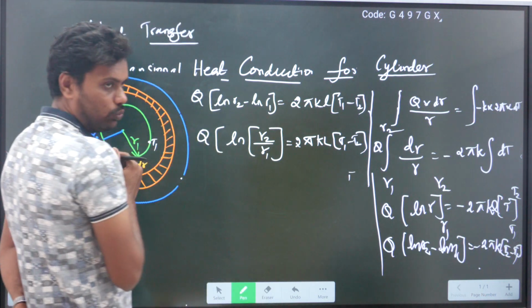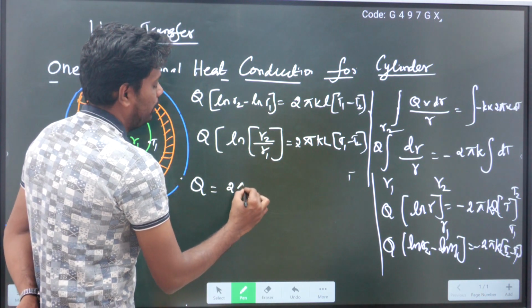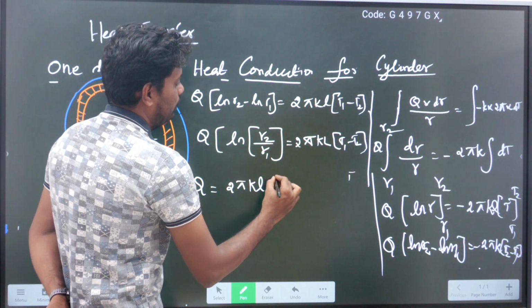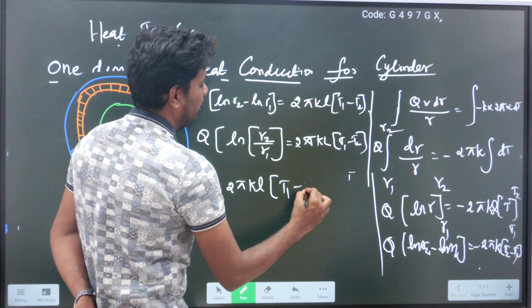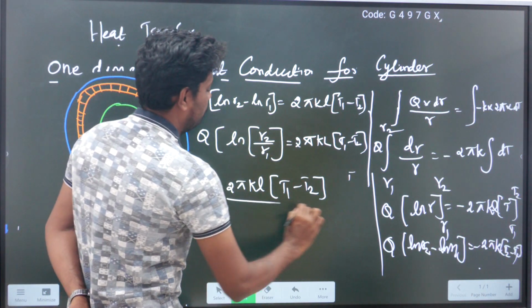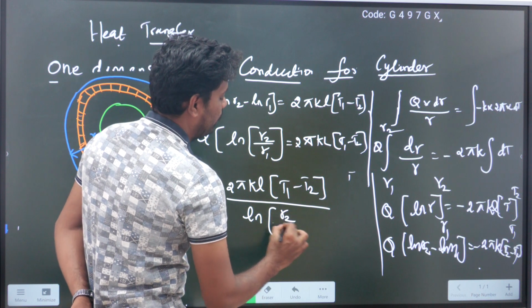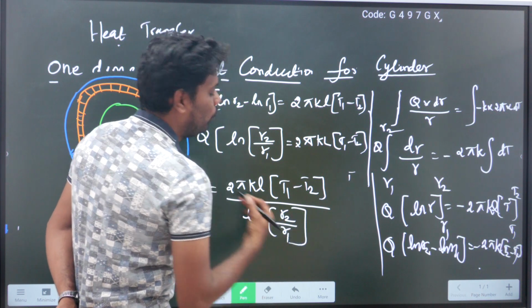I want only Q, so what can I do? Q equals 2 pi K L into T1 minus T2, divided by ln of R2 by R1.